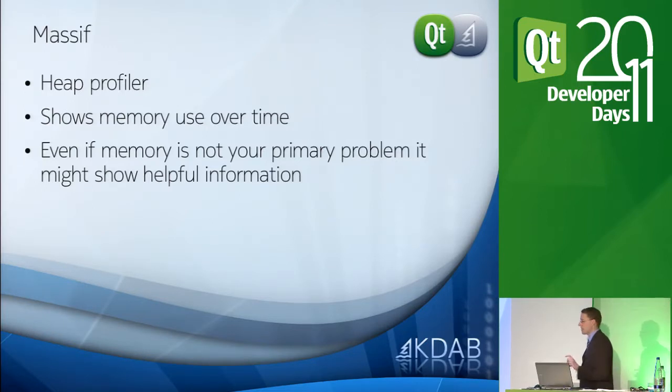So where the memory was allocated that we are using at one time. And yeah, even if memory is not your primary concern, well, if you use 200 megabytes for just a Pac-Man, it's probably your concern as well. It gives you some helpful information on where your performance problem actually is.